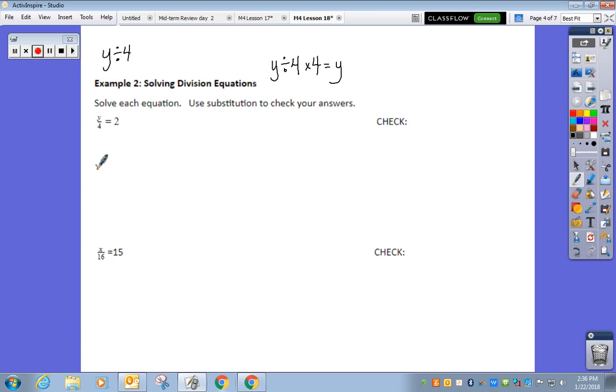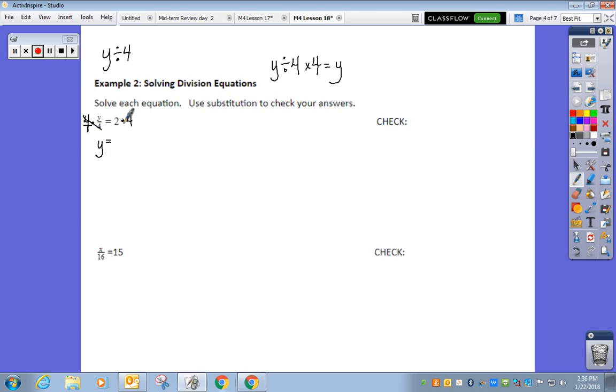So I'm going to multiply by 4. The way I'm going to show it is a little different here. Since this is written as a fraction, I'm going to write 4 as the fraction 4 over 1 to the side. These cancel each other out, leaving me with y. I'm also going to show my multiplication to the side over here, just to make it a little cleaner, where I don't have some to the side and some underneath.